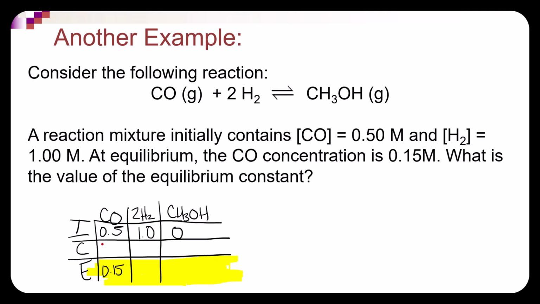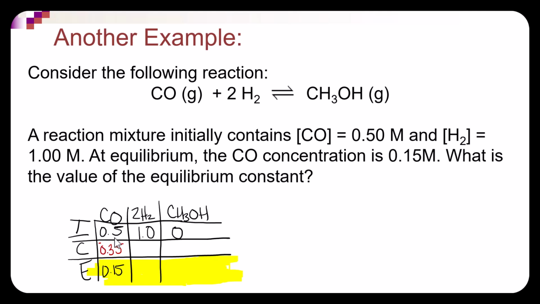How much did it change by? So I'm going to take 0.5 minus 0.15. And I know that the change here is 0.35. Okay. I'm going to jump over to the product.